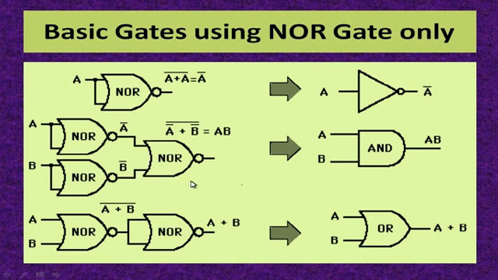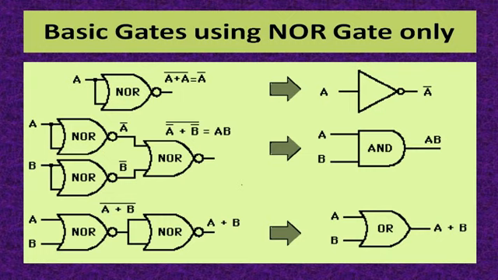Is that clear? Now students, in today's lecture we have studied revision of logic gates, odd even parity checker, De Morgan's first theorem, De Morgan's second theorem, basic gates using NAND gate only, and basic gates using NOR gate only. Okay.